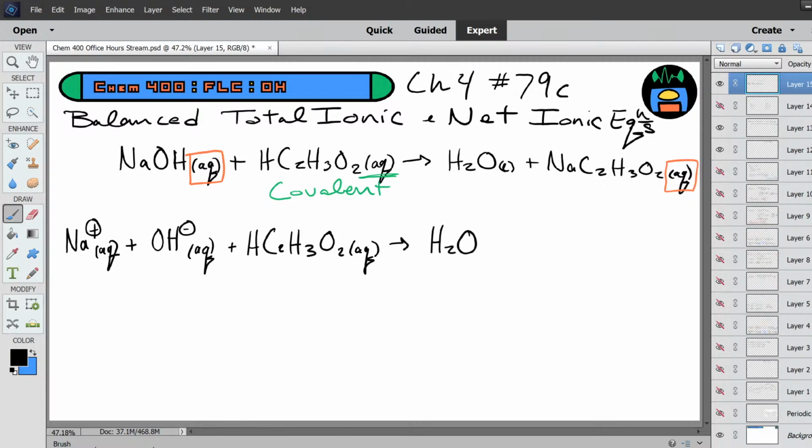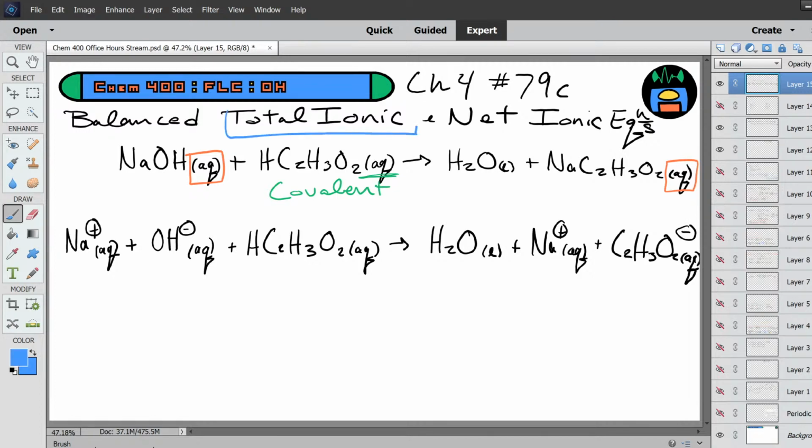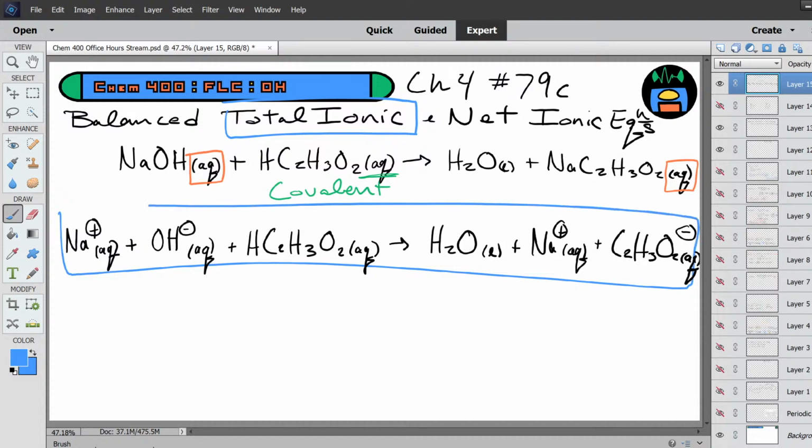Again, it's a liquid, so we leave it alone. And sodium cations, plus acetate anions, also aqueous. All right, so this is the total ionic equation right here.